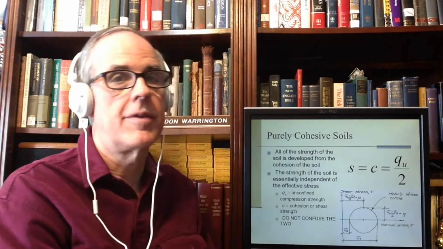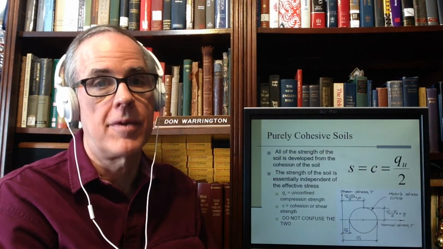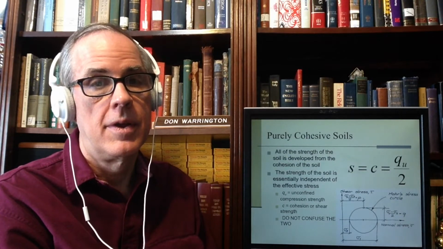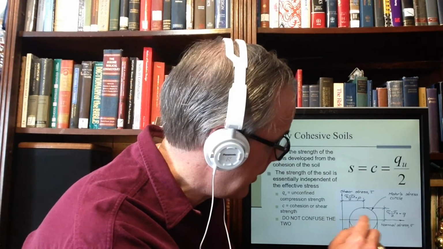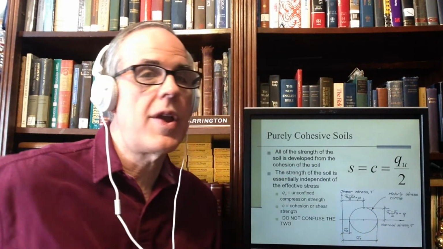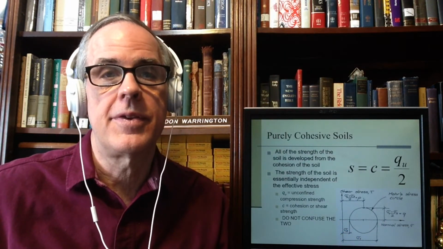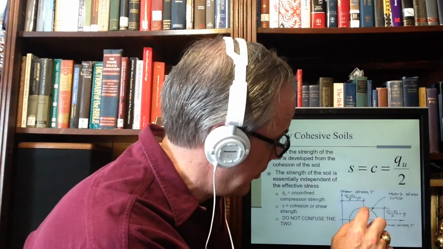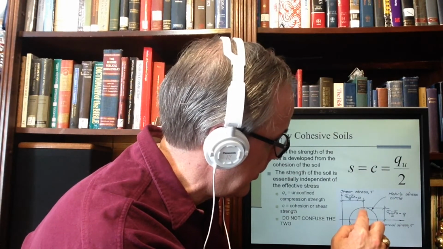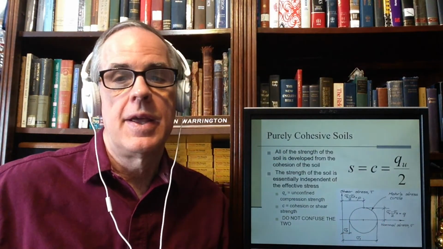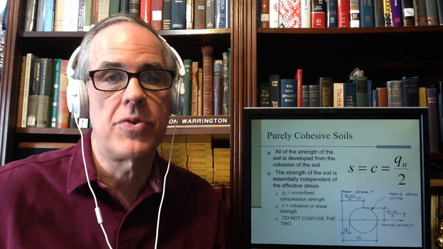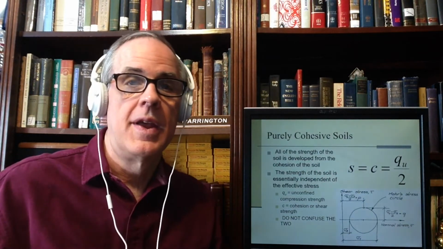I'm going to talk about the unconfined compression stress, so we determine the unconfined compression strength. The cohesion of the soil is half that. It's the maximum shear strength, the distance from here to here. Normally speaking, it varies by a factor of 2 by this equation.